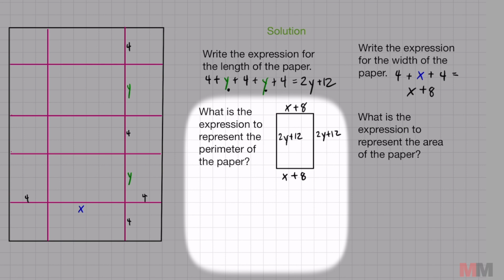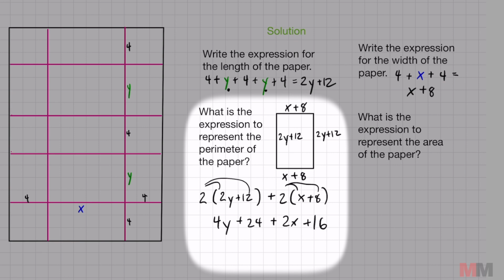To find my perimeter, we can just add the length twice, or we can write it as 2 times (2Y plus 12), because there are 2 of them. And we could also do the same for the width. There are 2 of those X plus 8s, so we're going to write 2 times (X plus 8). A little simplifying from this point, and we got our answer: 4Y plus 24 plus 2X, because if you distribute that, plus 16.